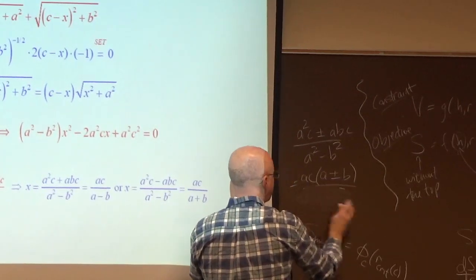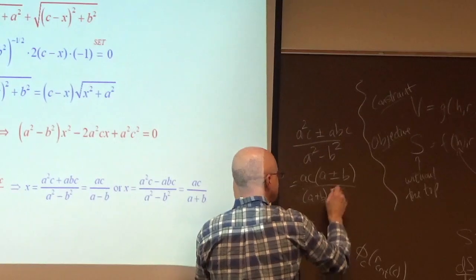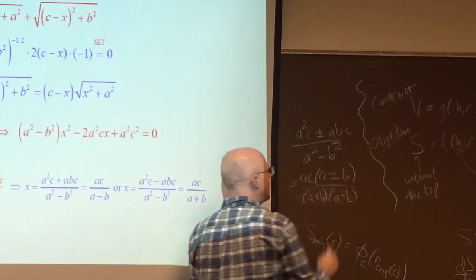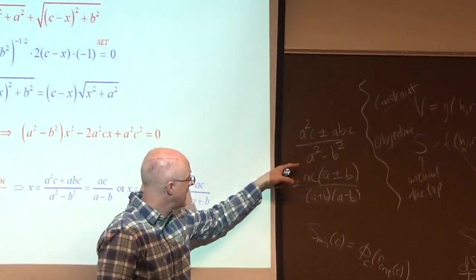And the bottom can factor as a plus b times a minus b. That's the difference of two squares.